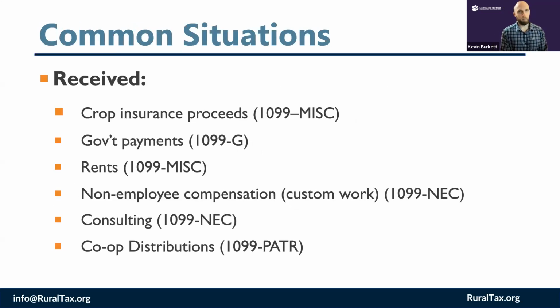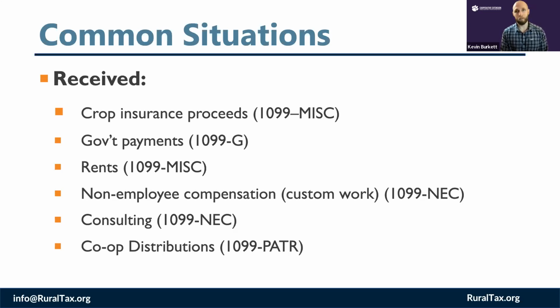So briefly, we'll talk about when a farm receives these 1099s. So you probably recognize a number of these, but if you participate in crop insurance and you receive an indemnity payment, you'd see a 1099 miscellaneous. If you participate in government programs and you receive some kind of payment from that, and that could be local, state, federal programs, you'd see a 1099-G. If you have rents for land or equipment, 1099 miscellaneous.